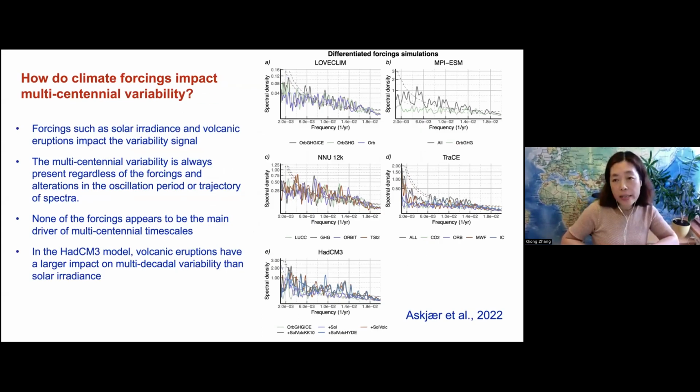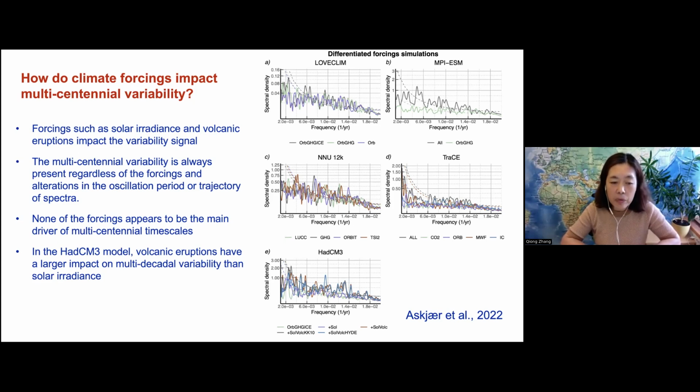In all these Holocene transient simulations, some of them also provided single-forcing simulations. So we also have the opportunity to look at how the forcing impacts this multi-centennial variability. We do see that the solar irradiance or volcanic eruptions impact the variability signal, but none of them is the dominant one that drives this variability.